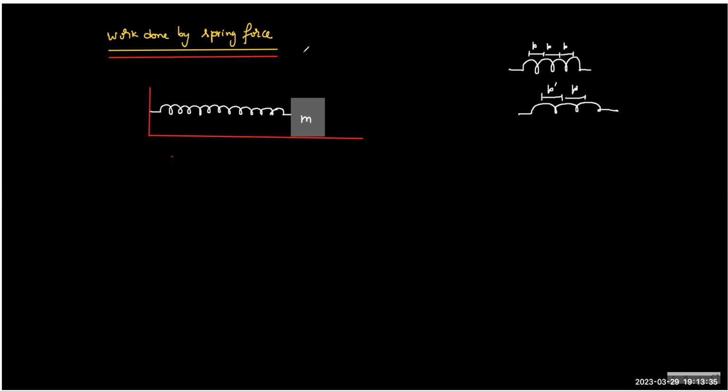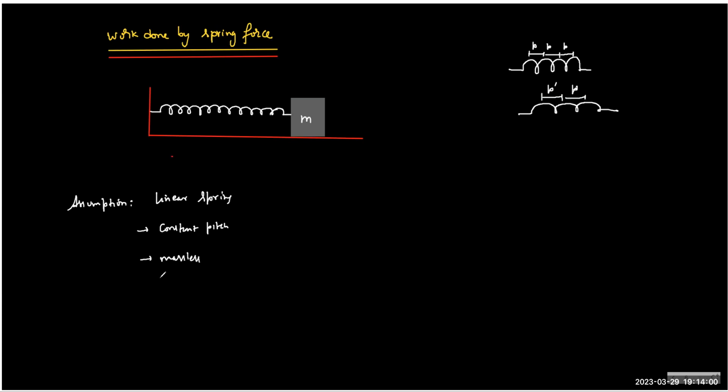So we are having the assumption of a linear spring, constant pitch, massless.